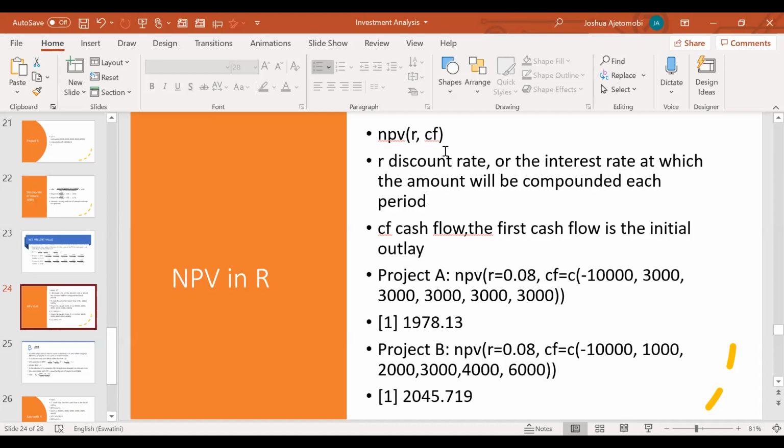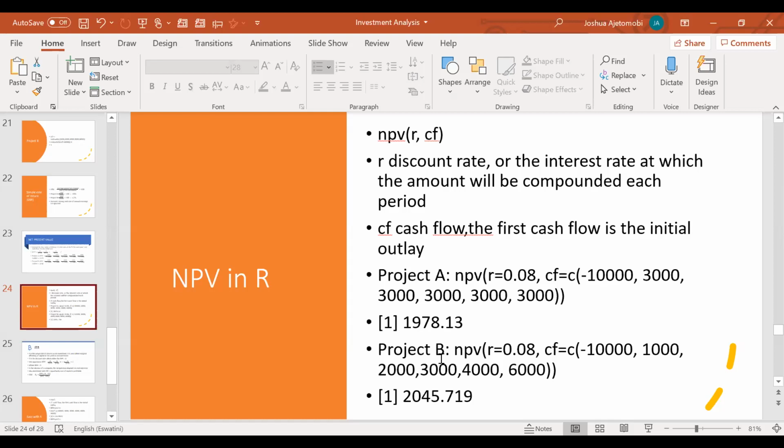So for instance, for project A, it's going to be NPV, our R is 8%, then our cash flow will now be equal to C. The first one must be minus 10,000. Then these are the different cash flows, 3,000, 3,000, 3,000, 3,000, 3,000. If you have done it correctly, then you will get 978.13.